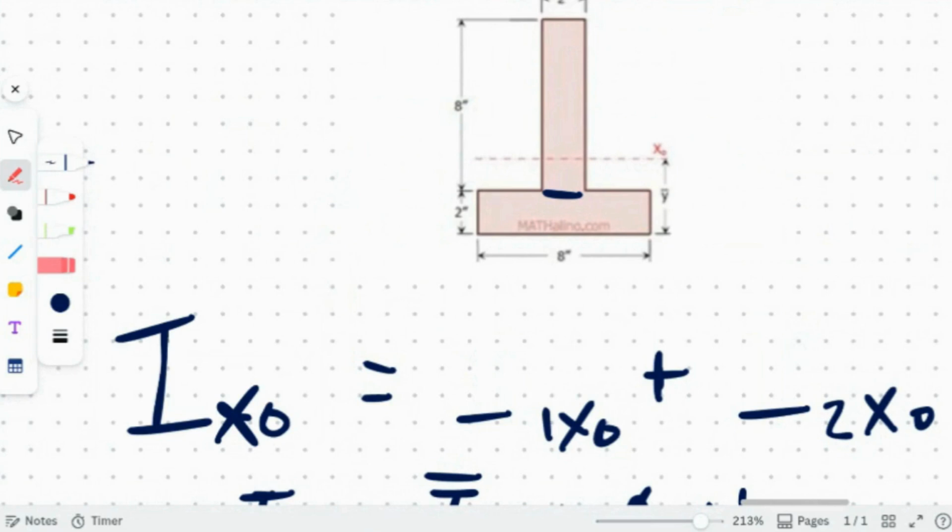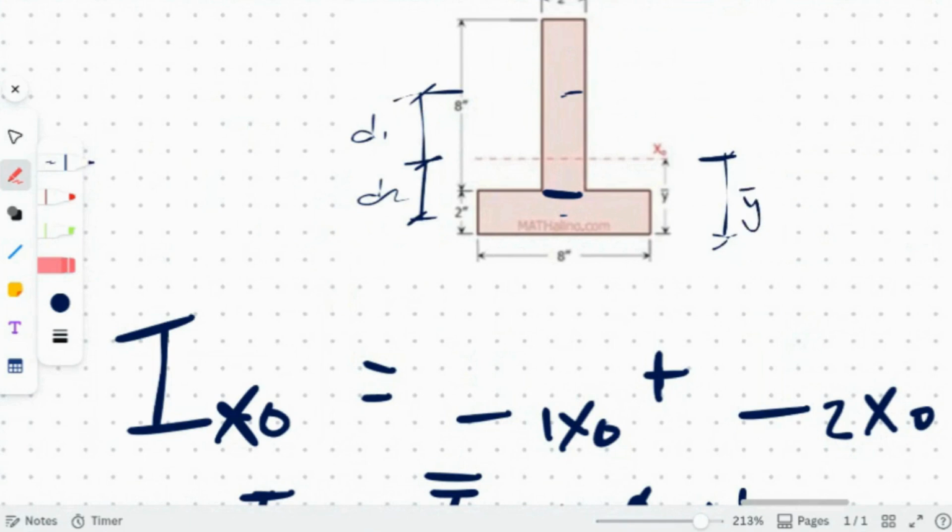Okay, again, this is your center, D1, and then we call this D2, right? And we'll call this Y bar. So it already has a label.